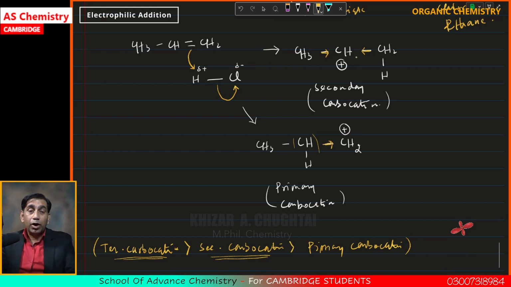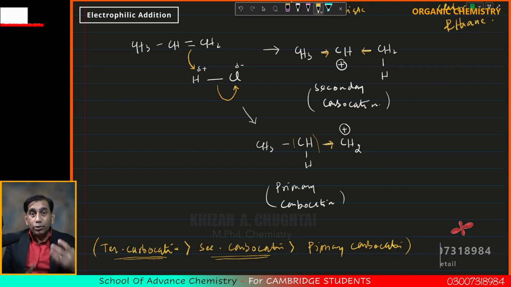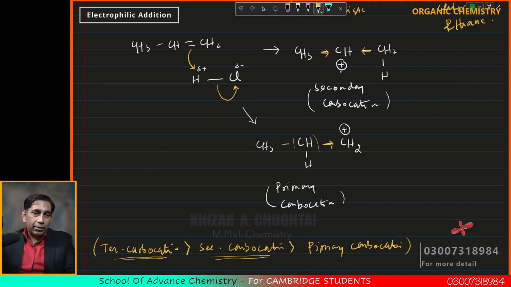It can survive for a long time interval because its neighboring groups, CH3 or CH2 group, are indirectly trying to compensate its loss of electron. Here there is only one group that is compensating the electron, right?